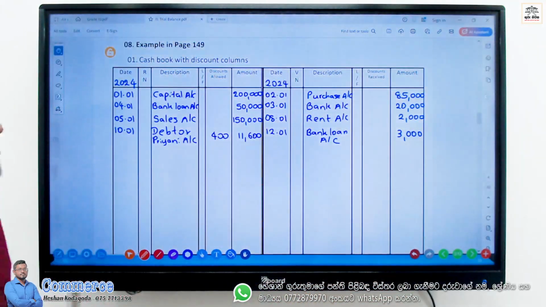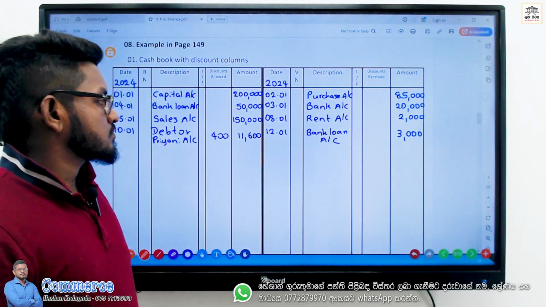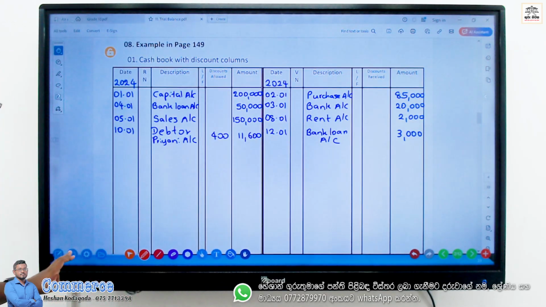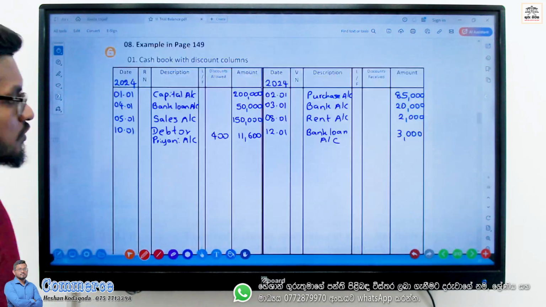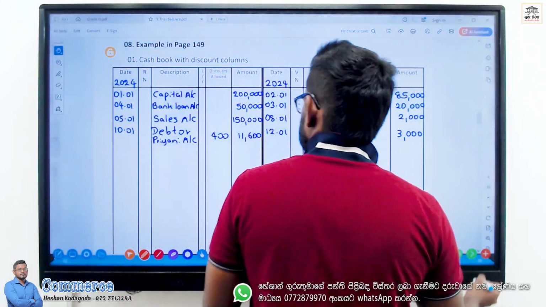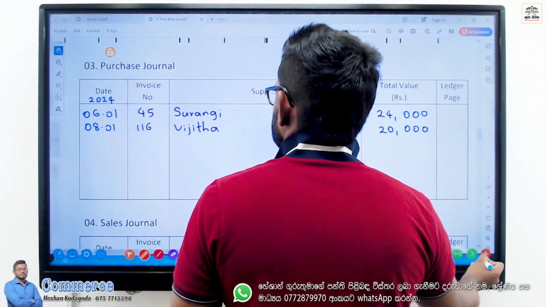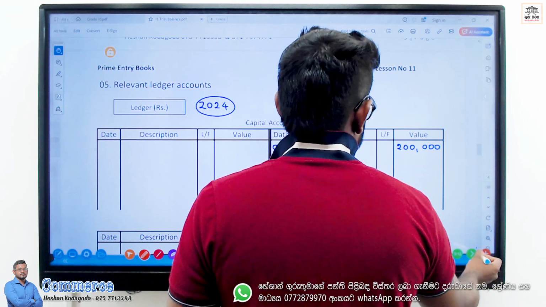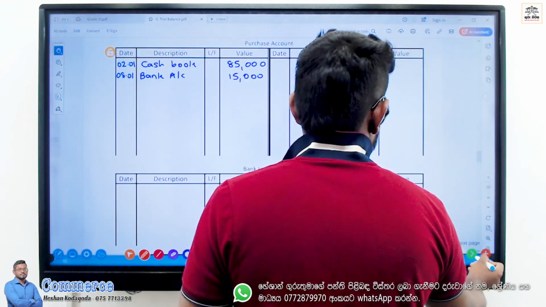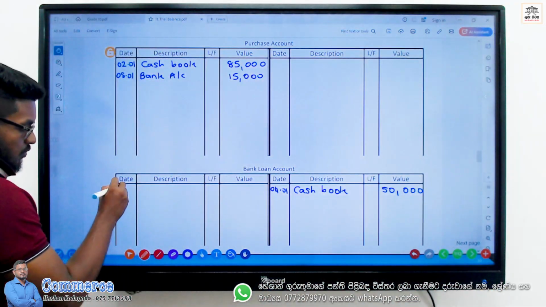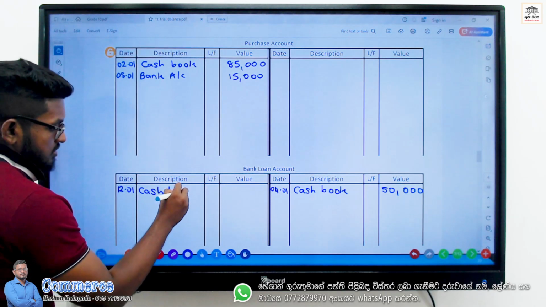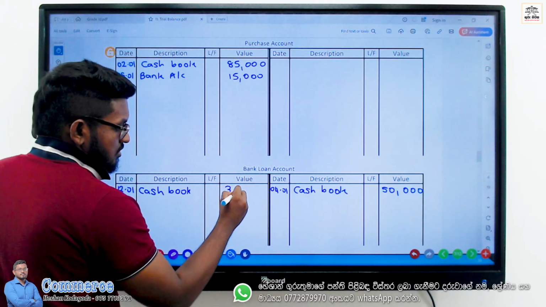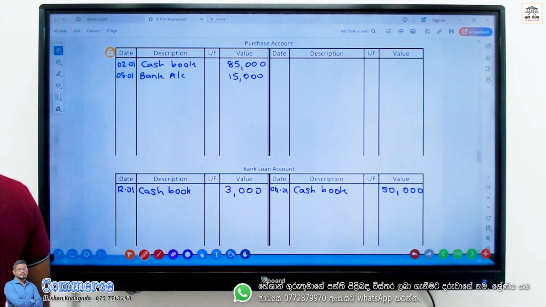So go to the bank loan account debit side. 12th of January, cash book. How much? Rupees 3,000.